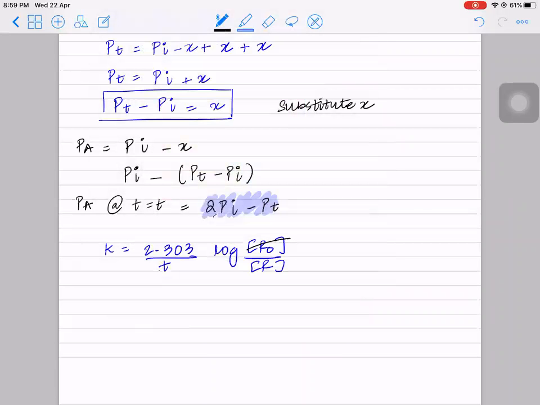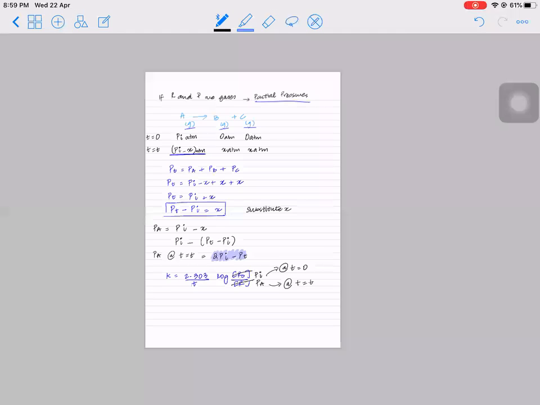And this will not be concentration, but this will be Pi, which is your initial partial pressure at time 0. And this will be PA, which will be your partial pressure at time t. So basically K is equal to 2.303 upon t times log of initial pressure upon pressure at time t.